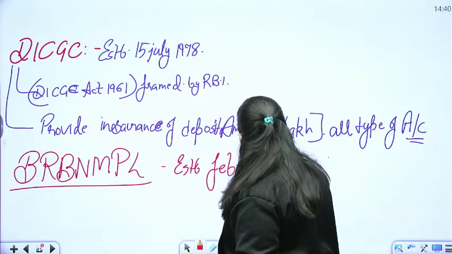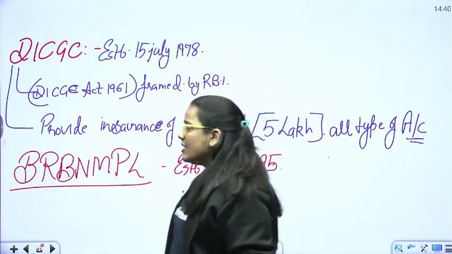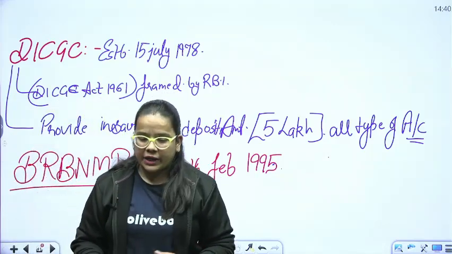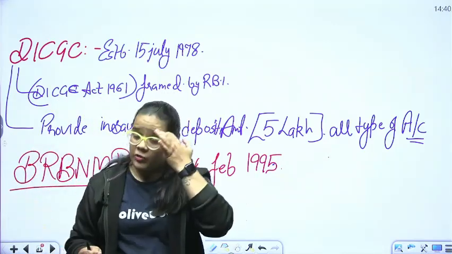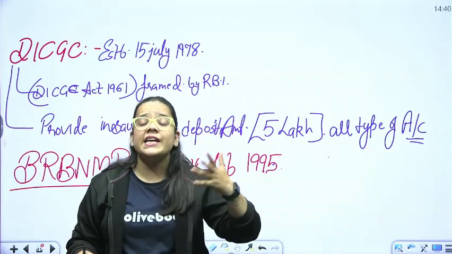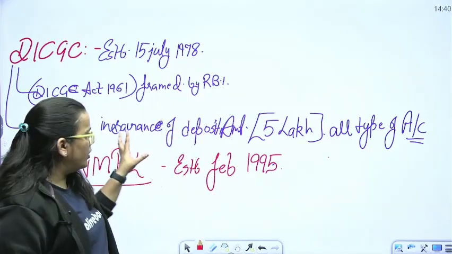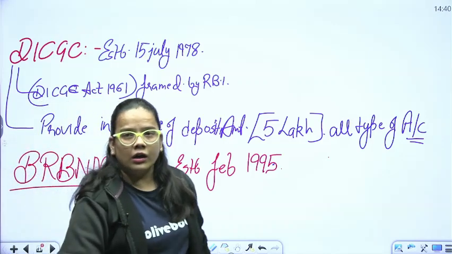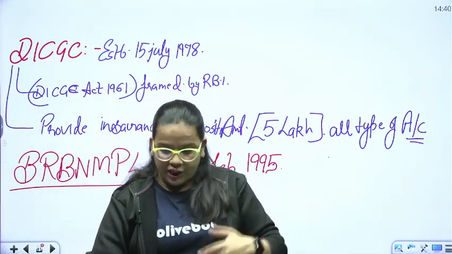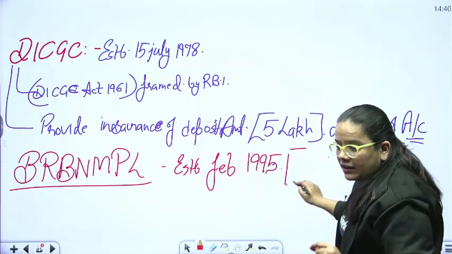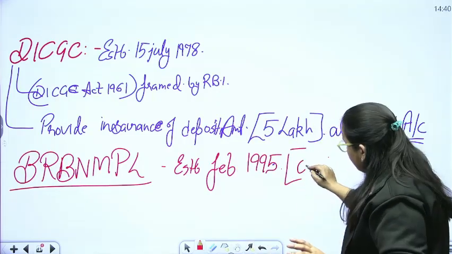As the name suggests, Note Mudran Private Limited is a subsidiary involved in note printing. But the main part is under which act it was registered. It was registered under the Companies Act 1956.